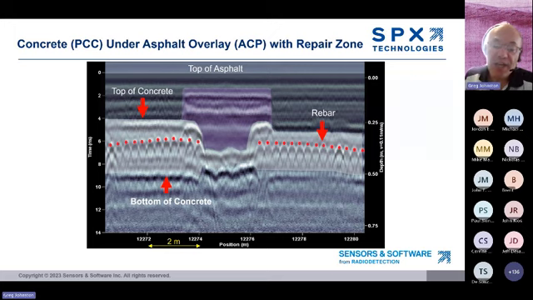But I see a break in the rebar and in the asphalt that is probably a repaired zone. So originally, this road was constructed as a reinforced concrete road and later covered with asphalt. A lot of information that we've gotten out of the GPR data.